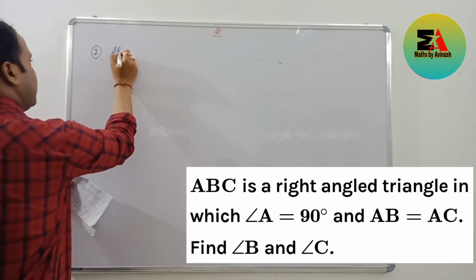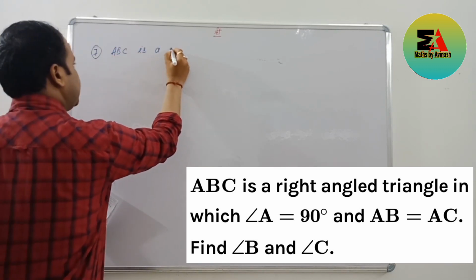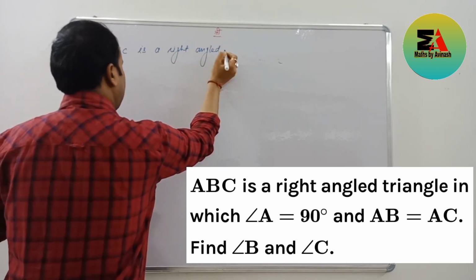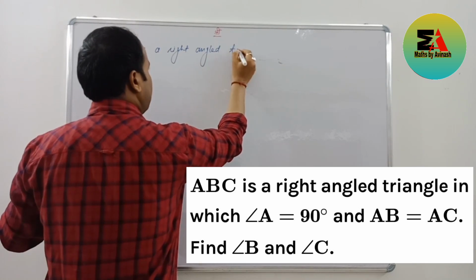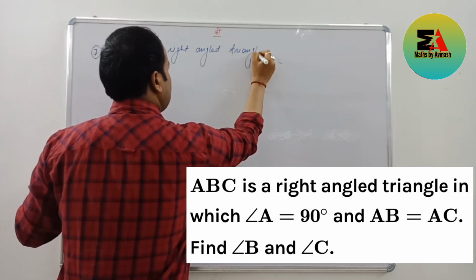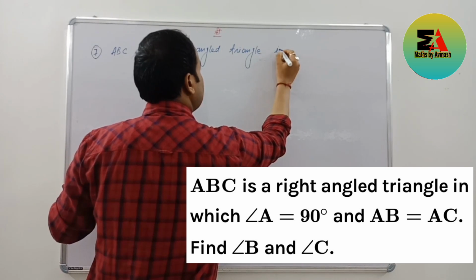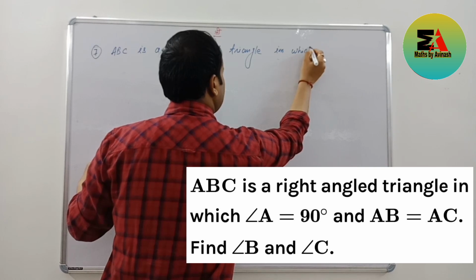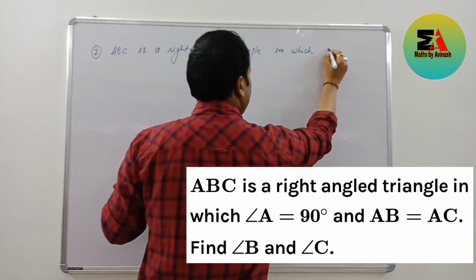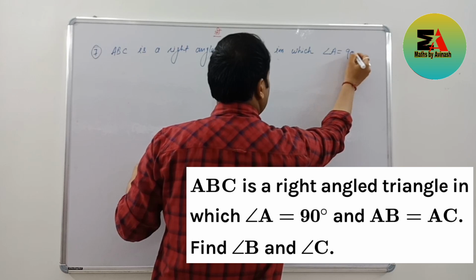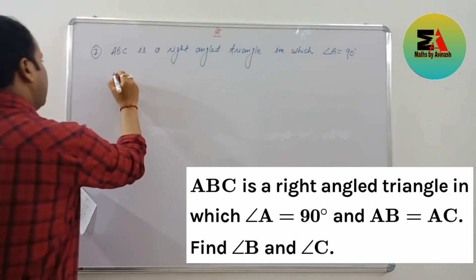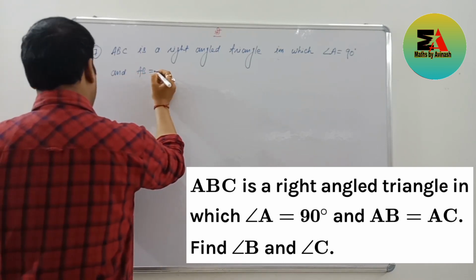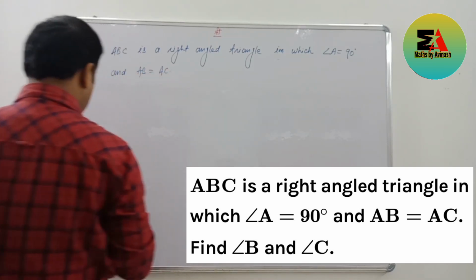ABC is a right angled triangle in which angle A is 90 degrees and AB equals AC.